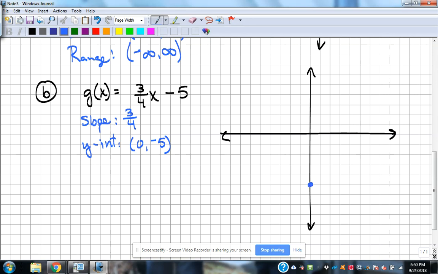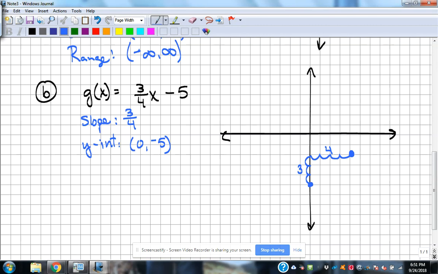Then I'm going to count my slope, rise over run. It's positive 3/4, so I'm going to go up 3 because it's positive. Up 3, 1, 2, 3, over 4: 1, 2, 3, 4. And my next stop will be right there. Up 1, 2, 3, over 4: 1, 2, 3, 4. My next dot is right there. So that's how I'm counting.